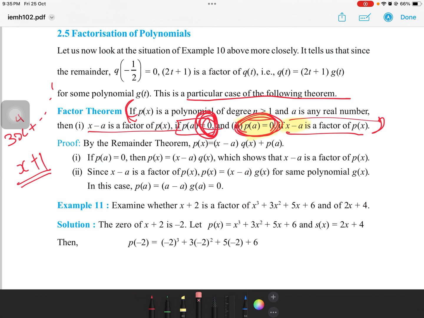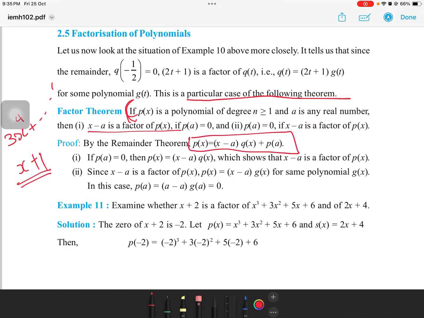Now by the remainder theorem we know this. And now if p of a equals 0, then what is left is this. How can we write this? We can bring it to the denominator.